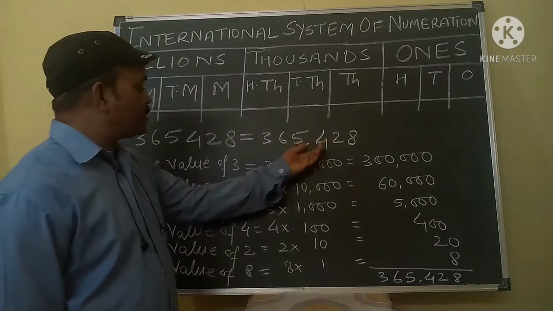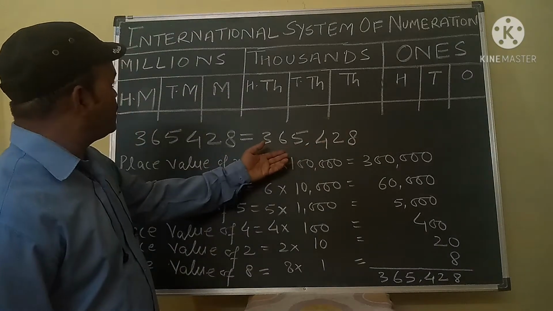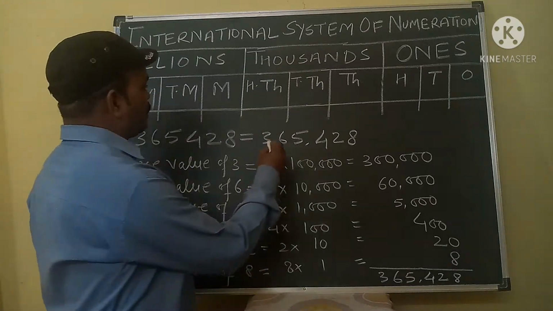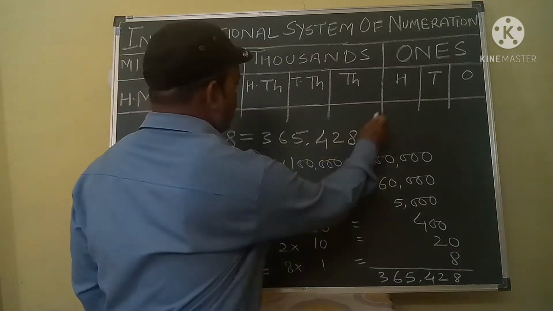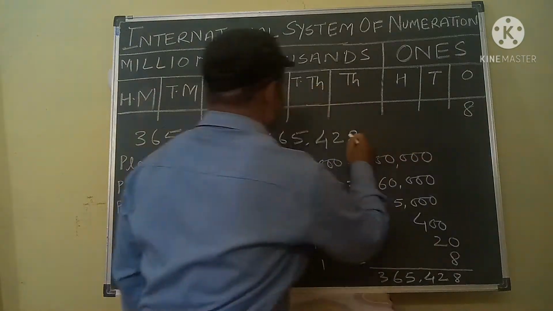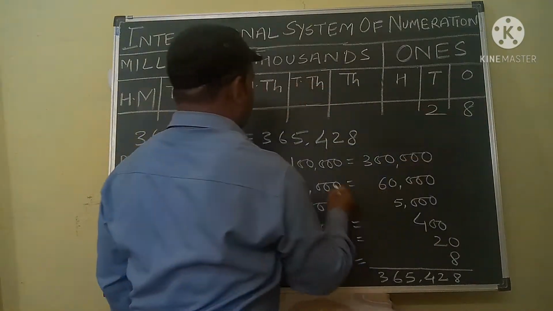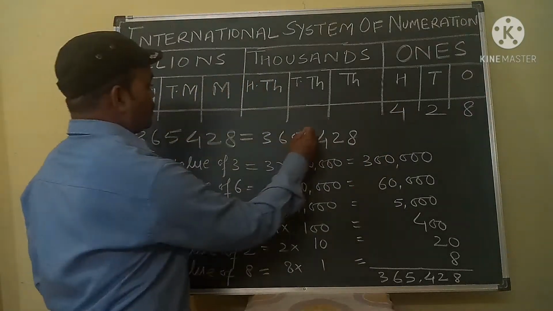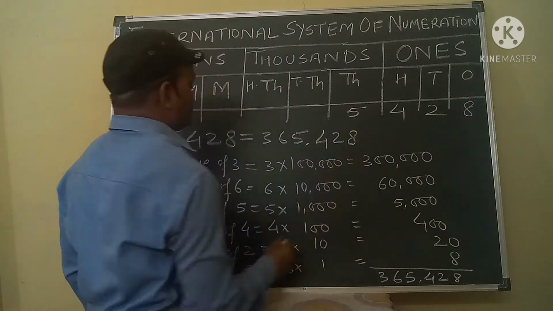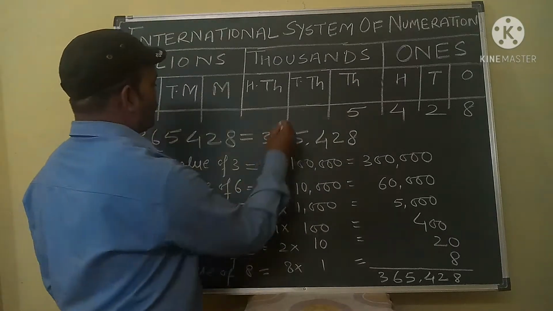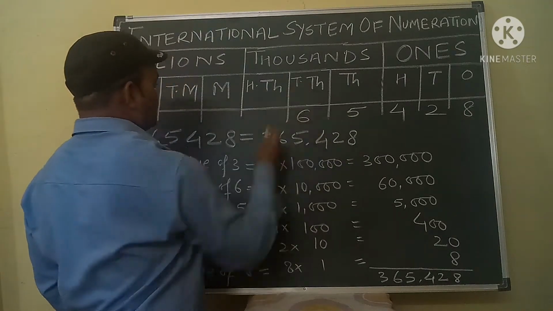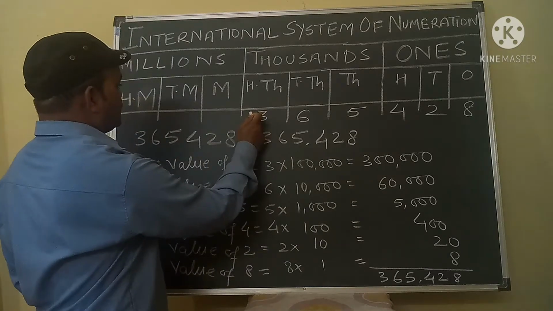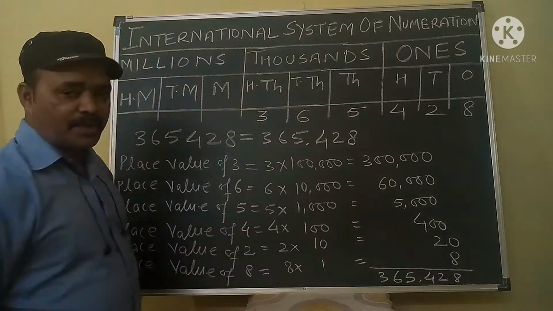So this number we will arrange in this table. How? Look here. 8 is in ones place, 2 is in tens place, 4 is in hundreds place, 5 is in thousand place, 6 is in 10,000 place, and 3 is in 100,000 place.